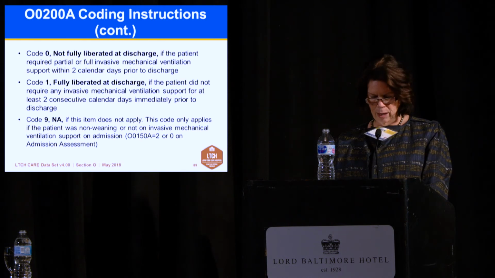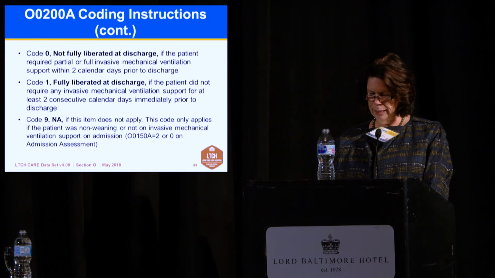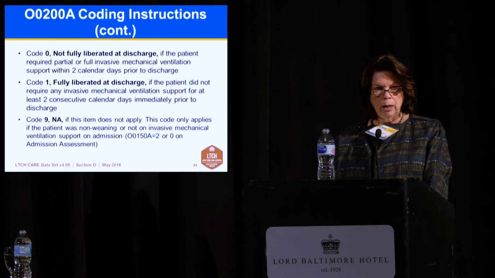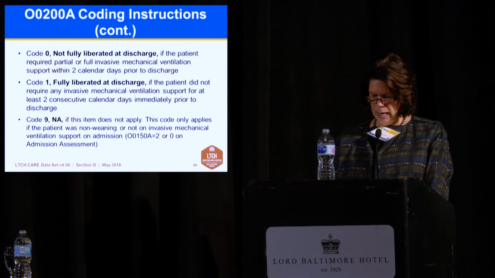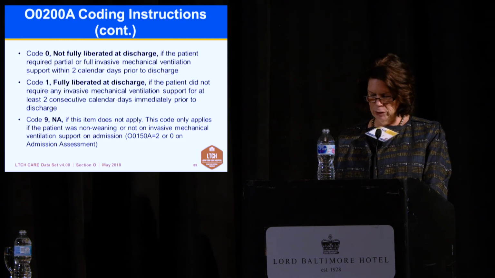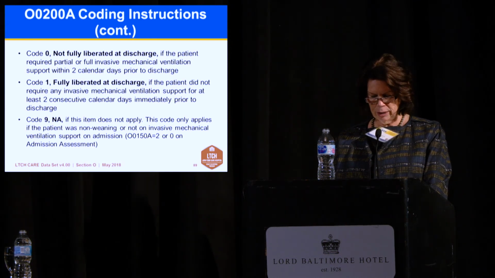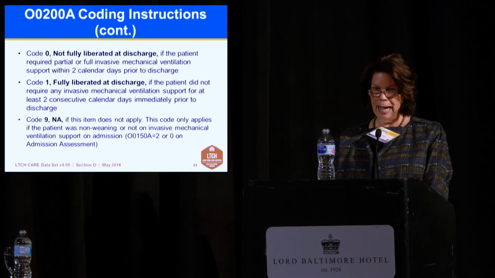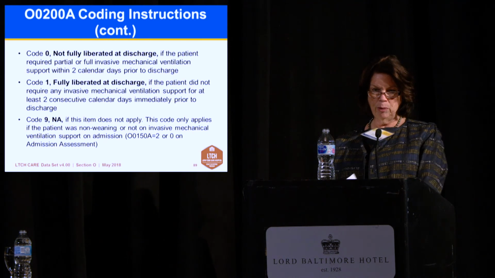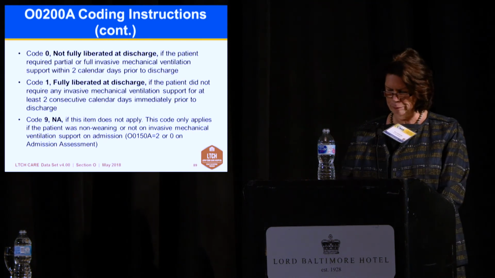The patient is not on invasive mechanical ventilation support, or the patient is intended to wean from mechanical ventilation upon admission to the LTCH. Patients who were coded as non-weaning on admission and improved unexpectedly and are fully liberated at discharge would still be coded as 9, NA, since these patients were identified as non-weaning on admission, and they are excluded from both the process and the outcome measure.